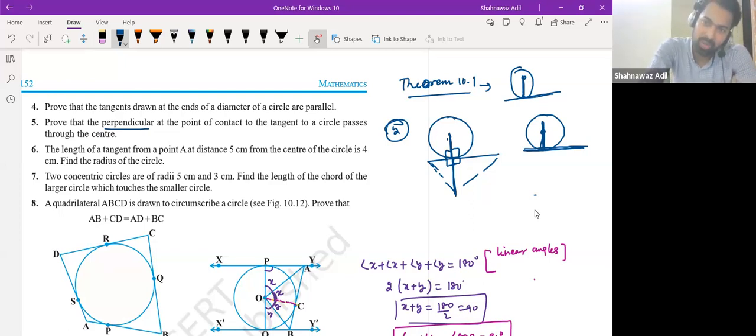So this is absolutely correct, because what does theorem 10.1 say? Theorem 10.1 says that if we draw this radius and it touches the point of contact of this tangent, then this radius is perpendicular to this tangent.